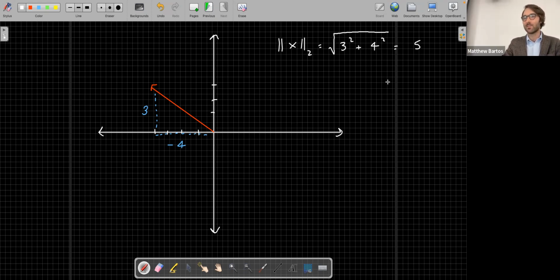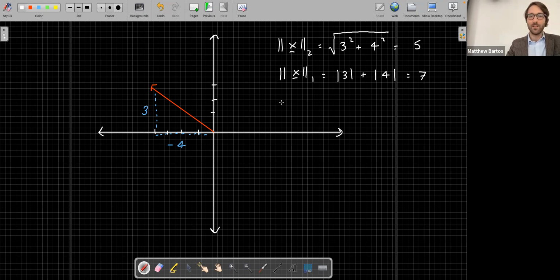And that will give us 5. Okay, what is the one norm of this vector? 7. Yep. So we take the absolute value of 3 plus the absolute value of 4 is equal to 7. So we just sum the absolute values of the side lengths together.